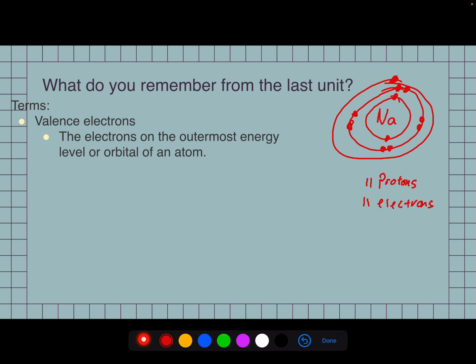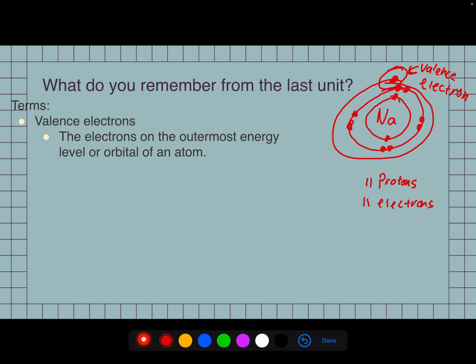Okay, so your valence electrons are talking about the electrons on the farthest orbital only. So that means it's going to be this guy right out here. This is your valence electron. Okay. So the electron on the farthest orbital only.